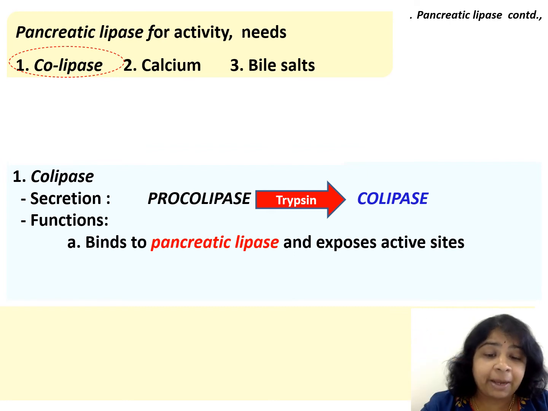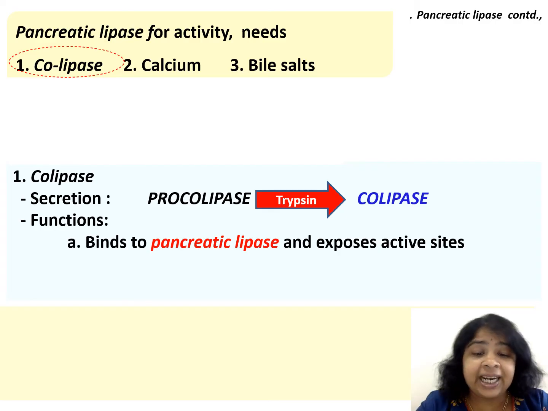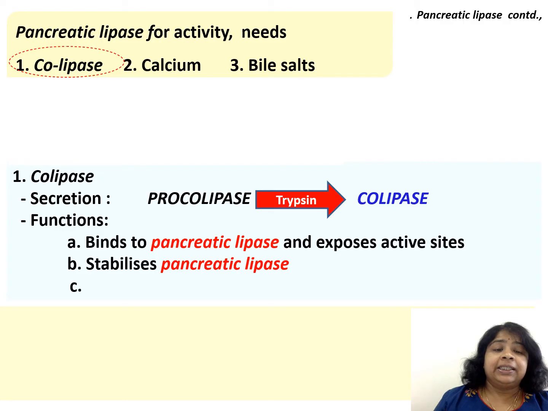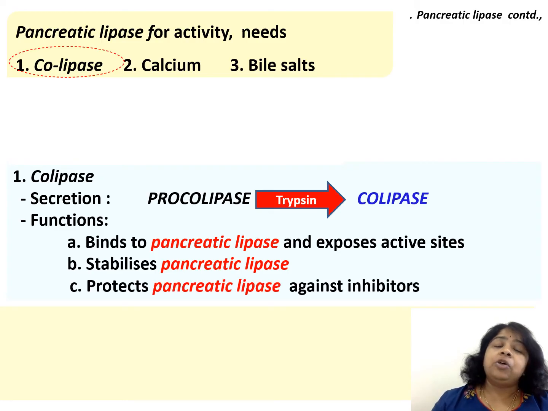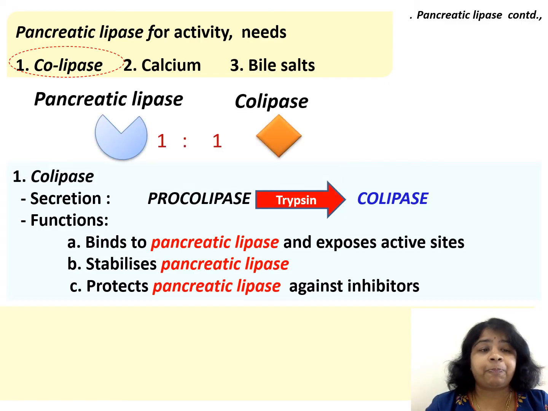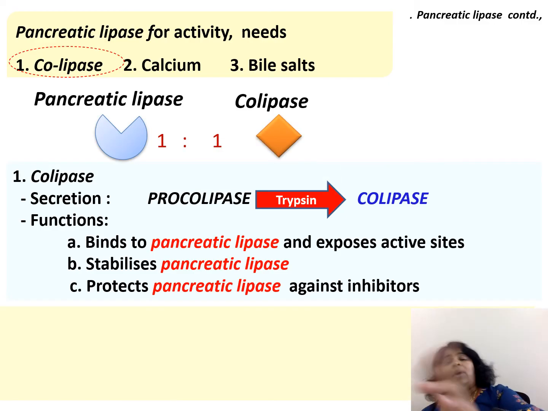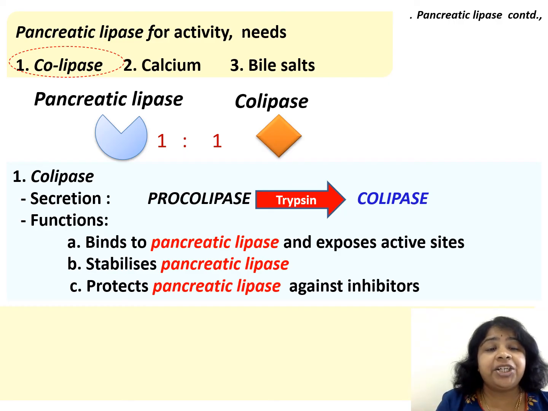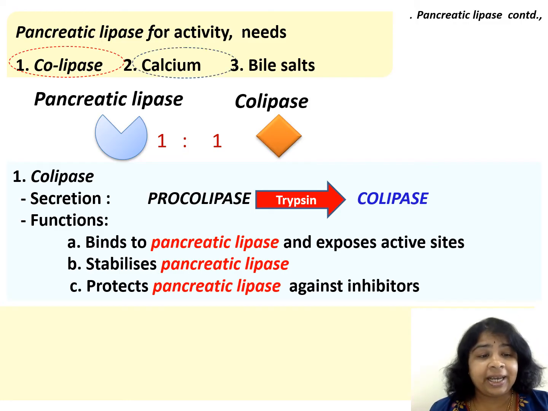Otherwise, pancreatic lipase cannot anchor onto the micelle and act on the triacylglycerols. So it also prevents the action of inhibitors on pancreatic lipase. It is required in a ratio 1:1 with pancreatic lipase, and once its function is over, this colipase can again be used by another molecule of pancreatic lipase.